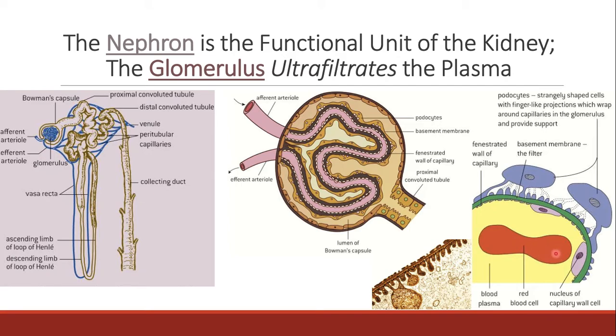It is too big to fit between the little holes of the capillary, and it is also too big to pass through the holes formed by the podocytes. So therefore, blood comes through the afferent arteriole, stays in your glomerulus, and comes out the efferent arteriole.